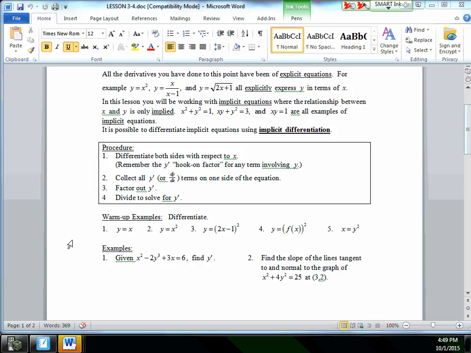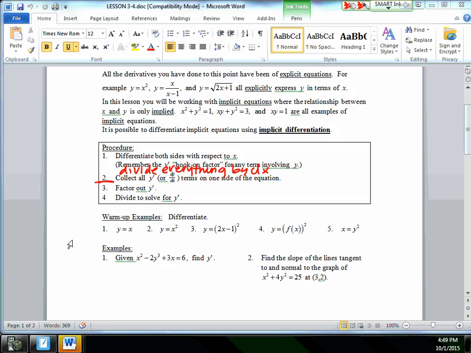Then divide everything by dx. So each term gets divided by dx. Then you know your dx's over dx's will cancel out. Then that will take you to step 2.